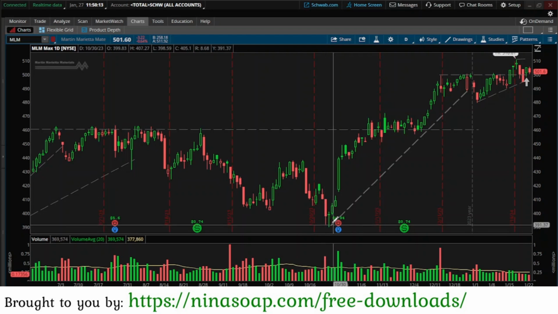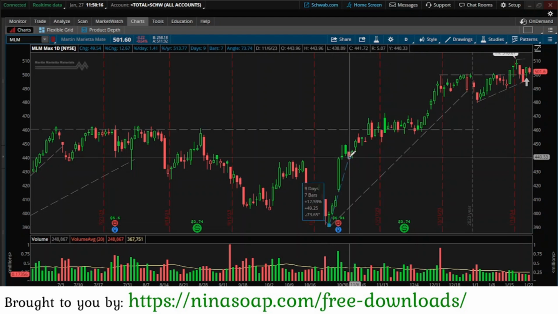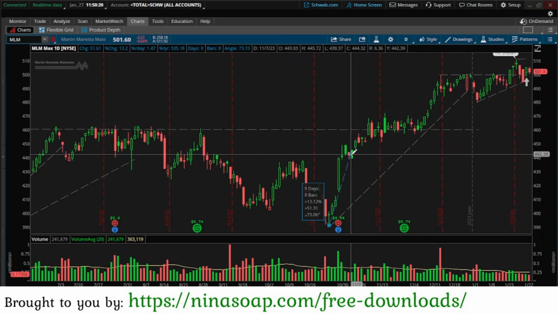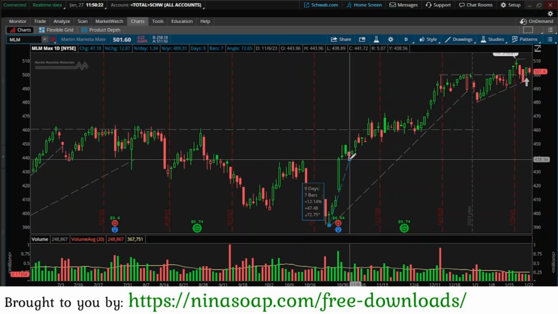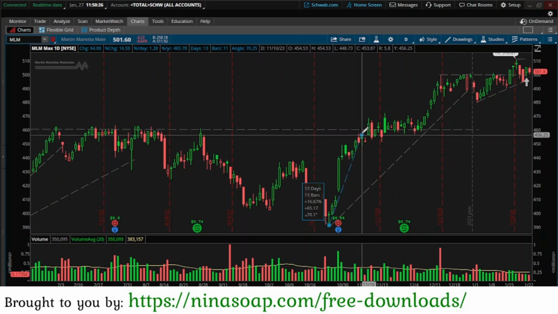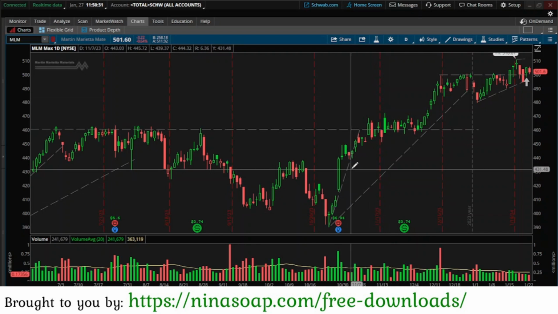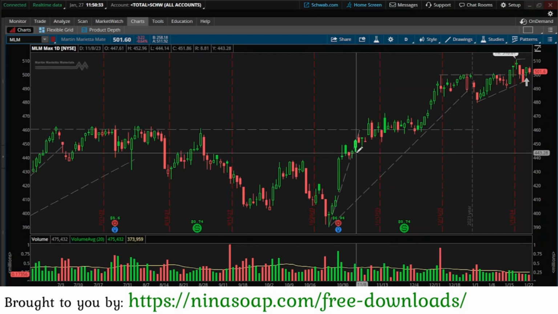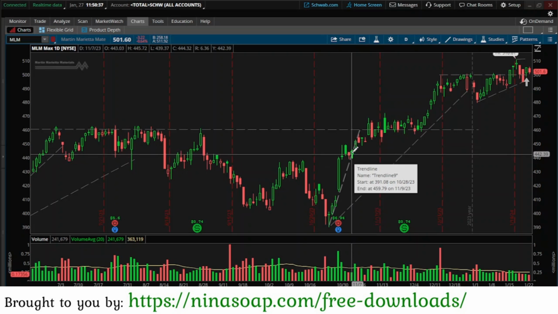So if we trace from this low and connect both, not knowing what will happen, we know those two will start a trend. The trend will go somewhere like that. That's just an example. So the first time we get in will be the next green bar.